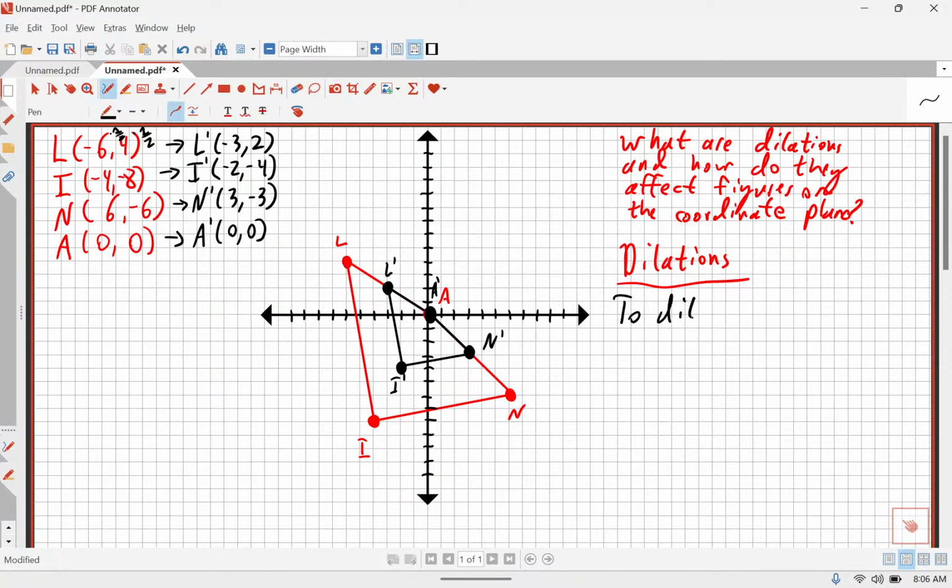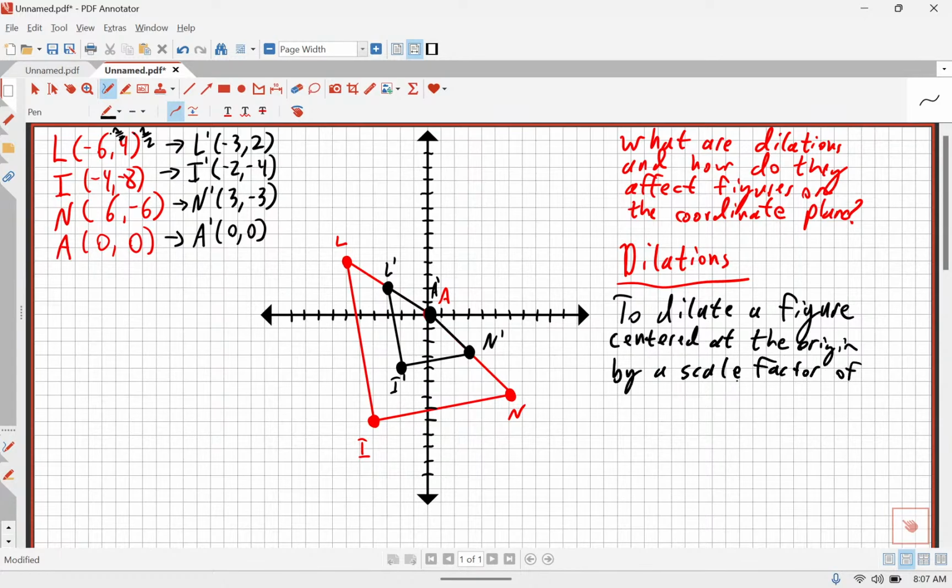To dilate a figure centered at the origin by a scale factor of S, use the rule (x, y) turns into (s times x, s times y).